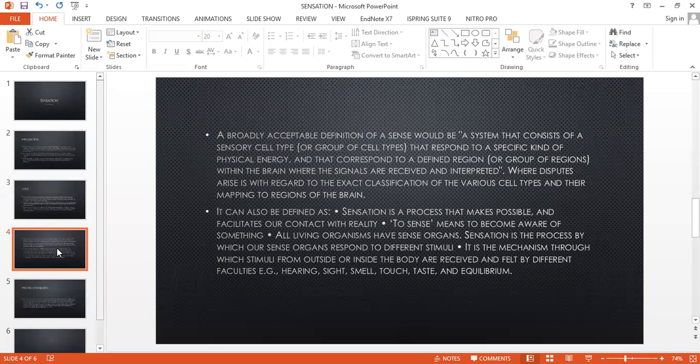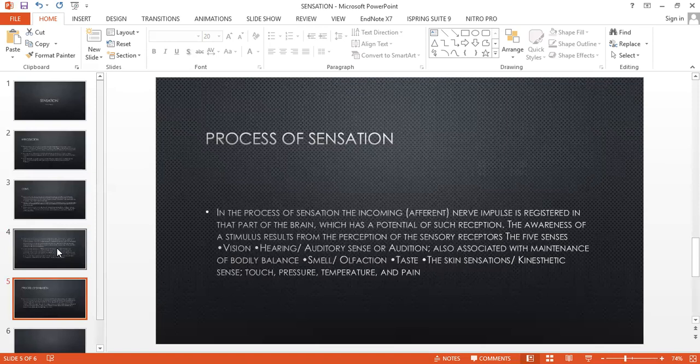Sensation is the process by which our sense organs respond to different stimuli. It is the mechanism through which stimuli from outside or inside the body are received and felt by different faculties, that is, hearing, sight, smell, touch, taste, and equilibrium. What do we mean by equilibrium? By equilibrium, we mean the static position of the individual.